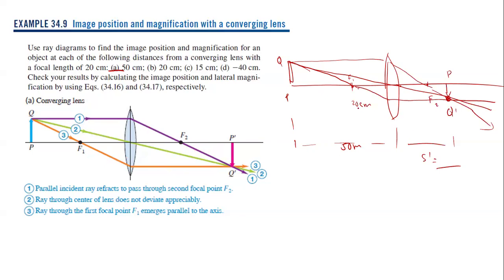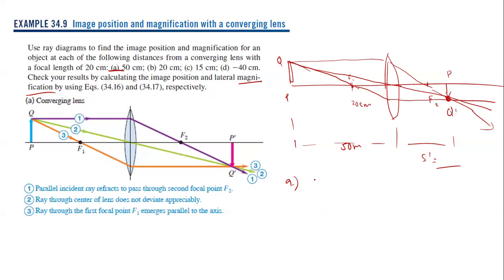So the important thing is that you know the focus and the position of the object. You can also check the magnification using the graphical method, but you can also do calculations to find the image position.